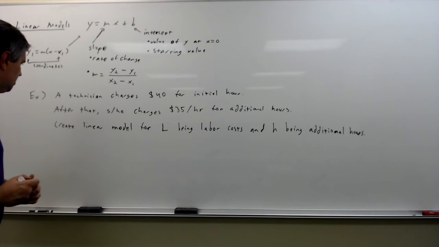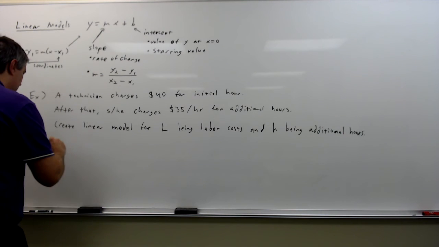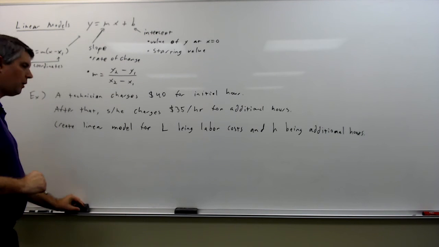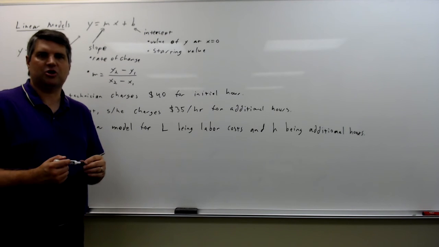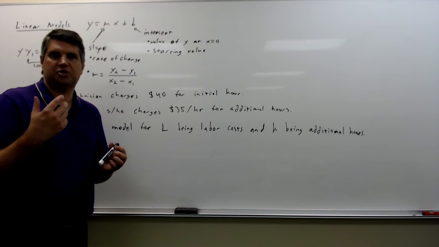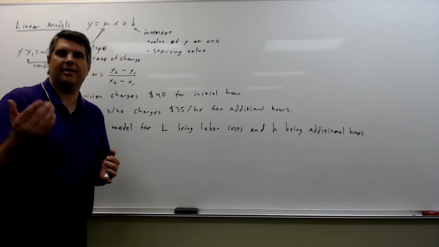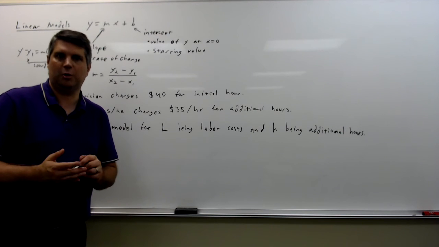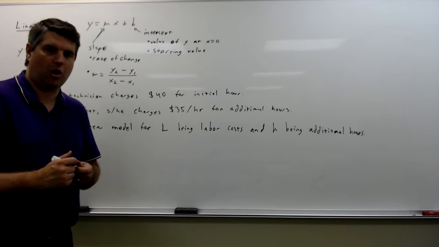Okay, so the premise of this problem is, where I'm from, a house call is usually considered an hour or less. So they'll charge so much for a house call, and then if they have to stay longer, they'll start charging you an hourly rate on top of the house call bill.